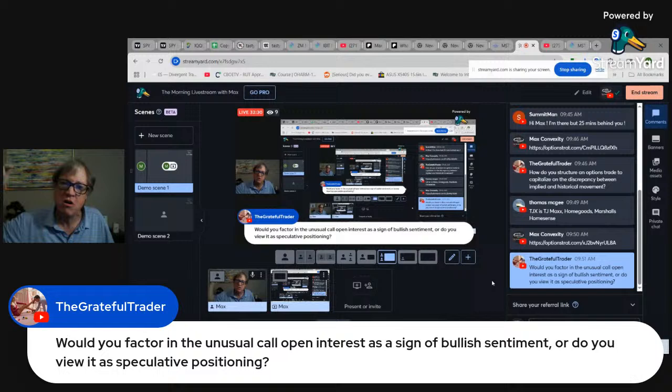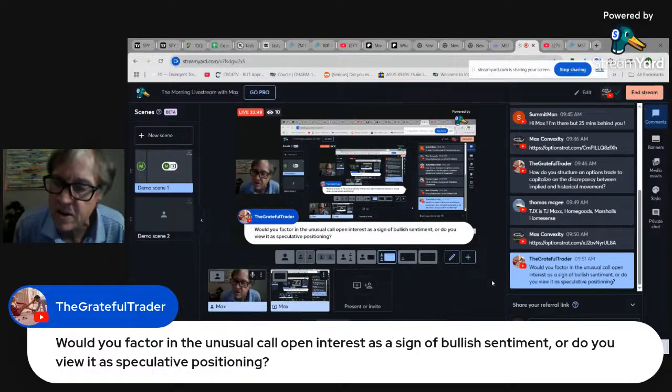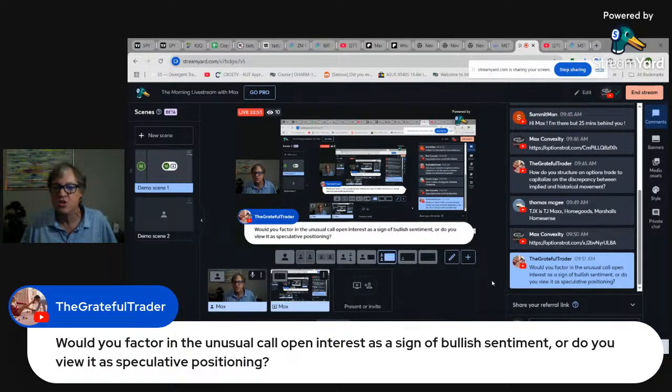That 6,000 call is not going to serve as a magnet. Well, guess what? We hit 5,995 this morning. Option positioning, like large amounts of open interest, and where the dealers and market makers are short and where they're long, all that kind of stuff is a huge factor. It causes reflexivity and feedback loops.